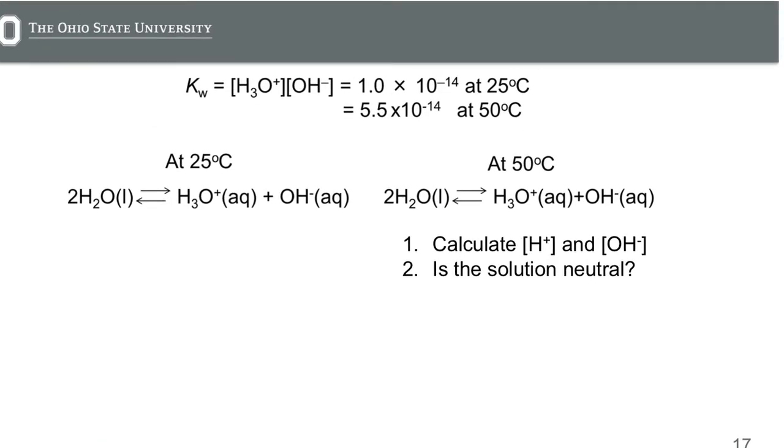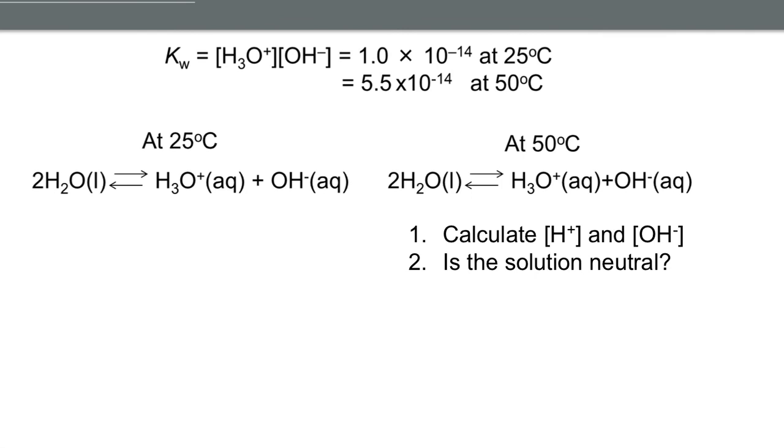So let's look at an example, actually working out some of the math. Our Kw at 25 degrees Celsius is 1 times 10 to the minus 14. At 50 degrees Celsius, it's 5.5 times 10 to the minus 14. So it has increased in value. Still small, but it has increased.